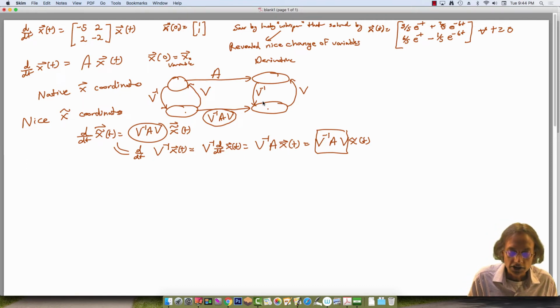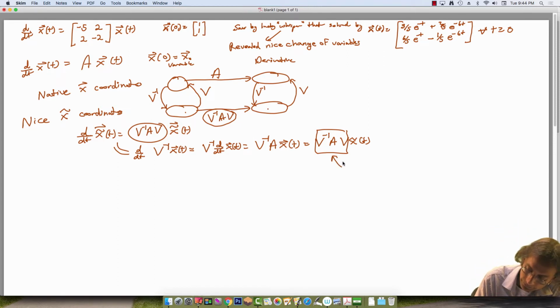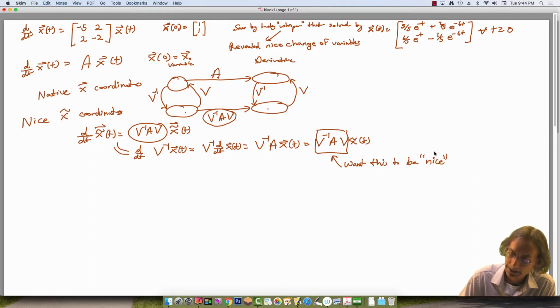To understand what's going on, we would like to find a coordinate system V such that V inverse AV is a nice matrix. So we want this to be nice. Now nice isn't a technical term, so what do we mean by this? Upper triangular would be great.